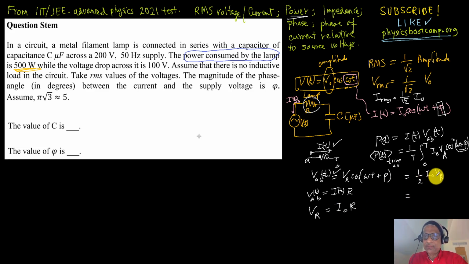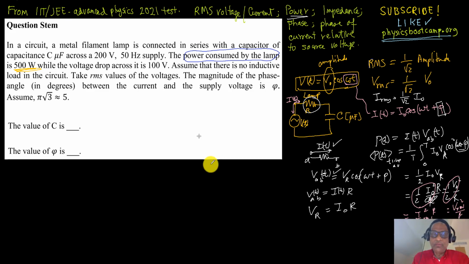So I can write this whole thing as I0 square times R, because I replace this with that, and I can also write the same way V0 square over R. Now you can see that if I write this whole thing as IRMS square R, and this whole thing as VRMS square over R, then this formula looks just like DC formulas.